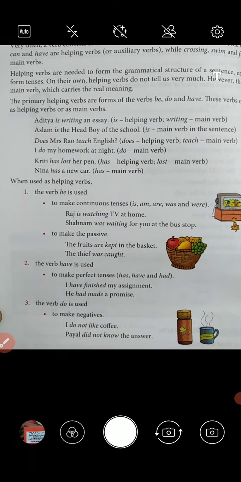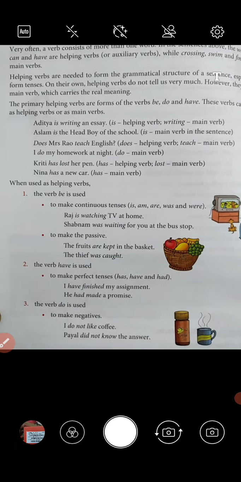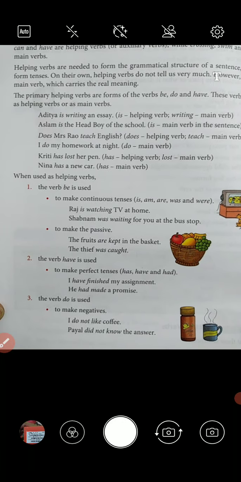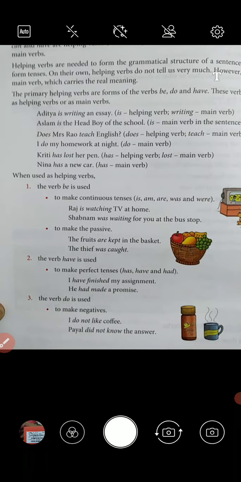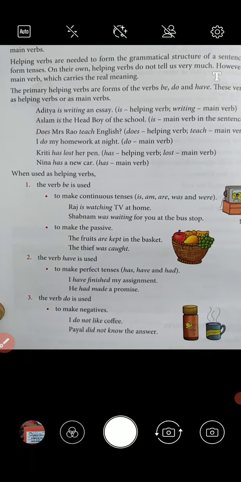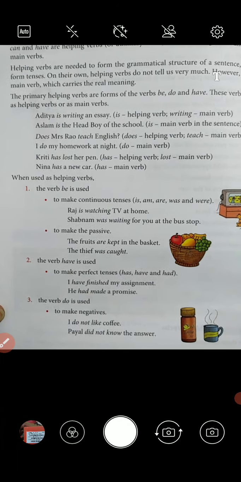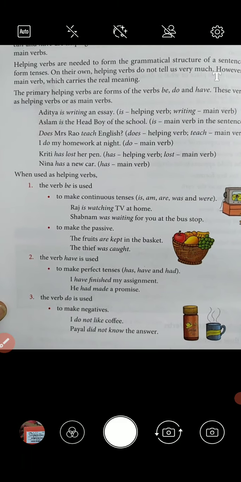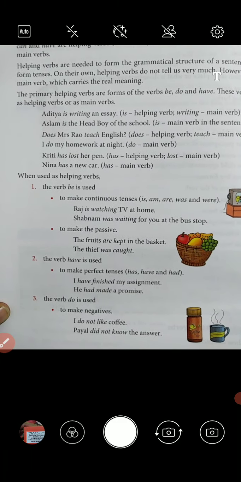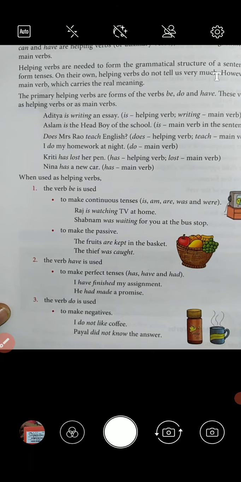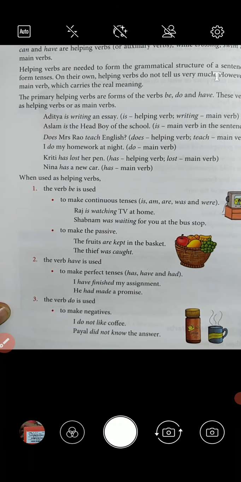Now look into the second, to make the passive. The fruits are kept in the basket. The fruits are kept in the basket. So in this sentence, we have the verb are kept.